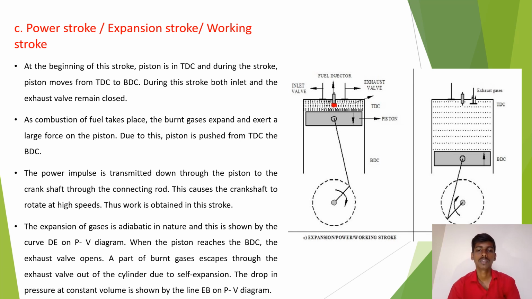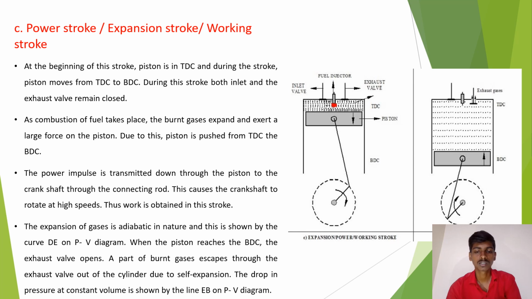Due to this, the piston is pushed from TDC to BDC. The power impulse is transmitted down through the piston to the crankshaft through the connecting rod. This causes the crankshaft to rotate at high speed. Thus, the work is obtained in this stroke. The expansion of gases is adiabatic in nature and this is shown by the curve DE on the PV diagram.